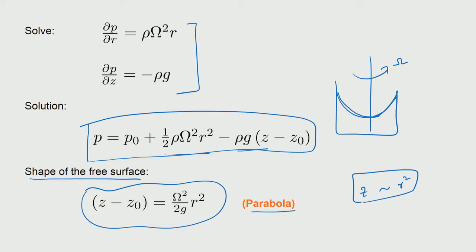So, we see that the idea of a parabolic shape has come out only from the statics problem when there are no velocity components at all, and by looking at the equations in the Navier-Stokes equation for the cylindrical coordinate system. So, this is interesting, and we are actually now seeing that the pressure variation can also be derived from these equations.